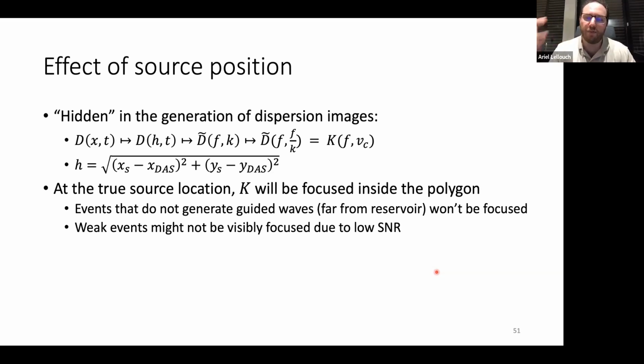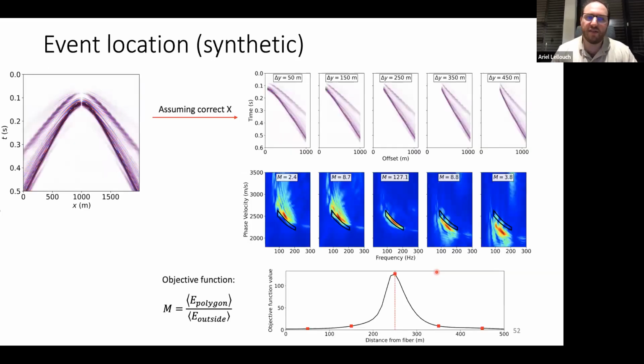So basically, we're going to generate many possible dispersion images for different source locations. Through that mapping, we'll see differences in the dispersion, and we know where the energy should be because we measured it from perf shots. So this is, again, a very simple modeling exercise. We assume we know the location along the fiber exactly because that's the easiest part to do because you have great resolution.